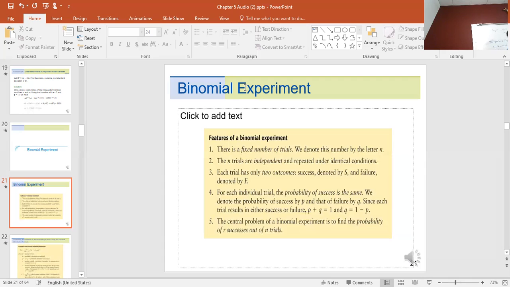If I write it again, it is n factorial over r factorial times n minus r factorial, times p to the r, times q to the n minus r. This is the formula for a binomial.